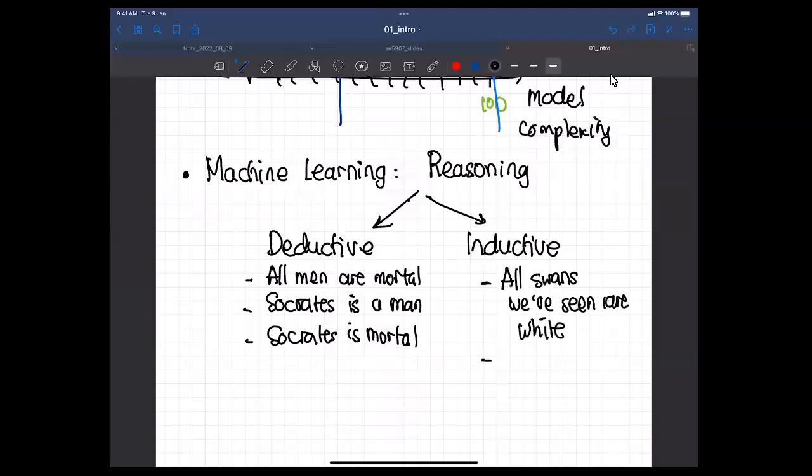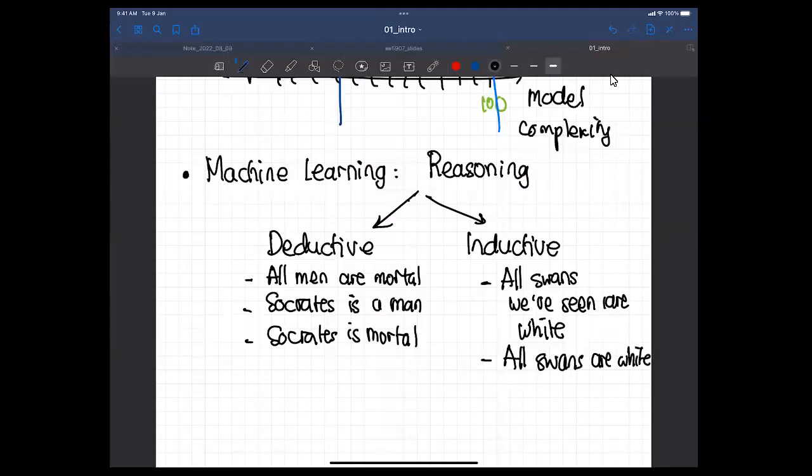Then the inductive inference is what? All fonts are white. Okay, so this is called inductive, which is not always true. The knowledge is taken from a subset and generalized to a bigger set. That is called inductive.